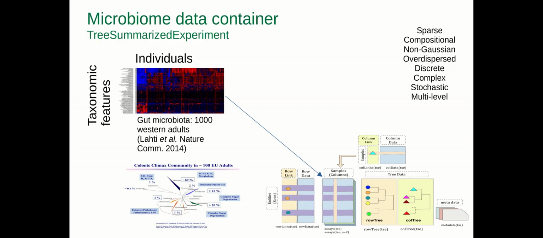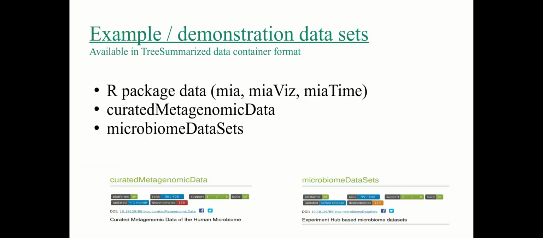We can trust that the data is always provided in this particularly organized way, and this way it becomes easier for the tools to understand how the data is structured and how it can be manipulated. This is not only specific for microbiome research, but in the R/Bioconductor ecosystem, all the different omics types utilize very similar approaches. There are also now example and demonstration datasets available in this format.